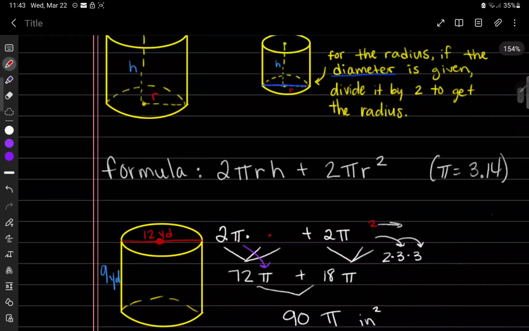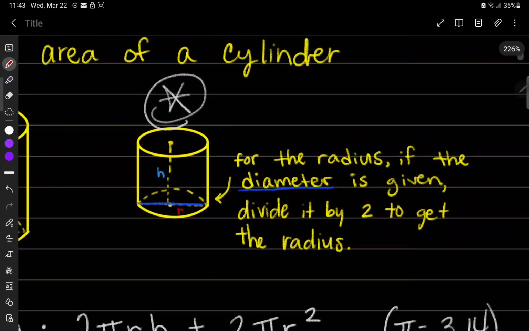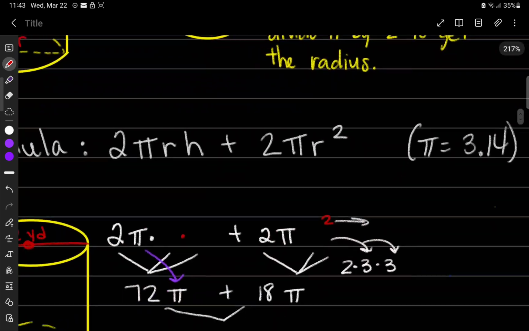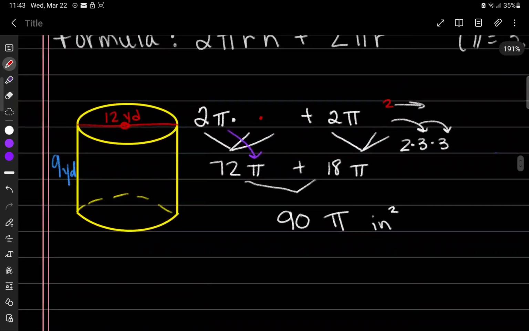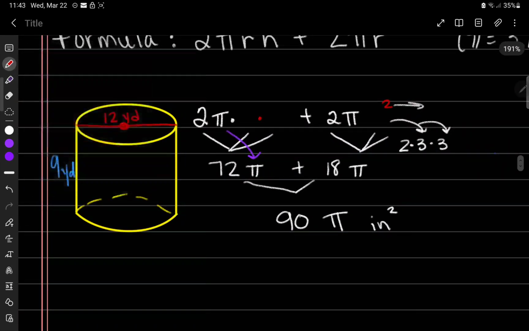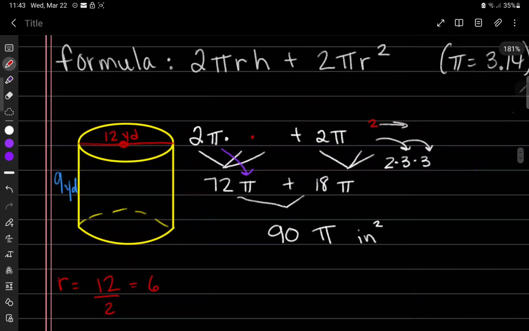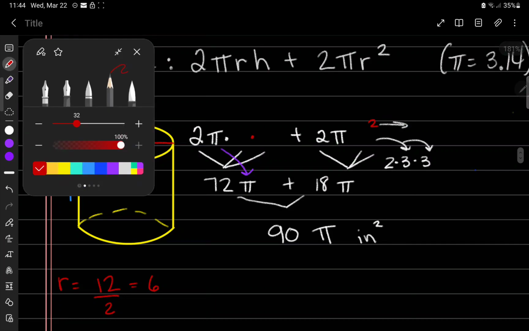So going back up to the rule that I gave you here, if I give you the diameter, we're going to take the number and divide it by 2, and that gives us the radius. So my diameter here is 12. So r equals 12 divided by 2, because I gave you the whole line and I only need half of it. That's 6. So when I plug in r in my equation, I'm using 6, not 12.